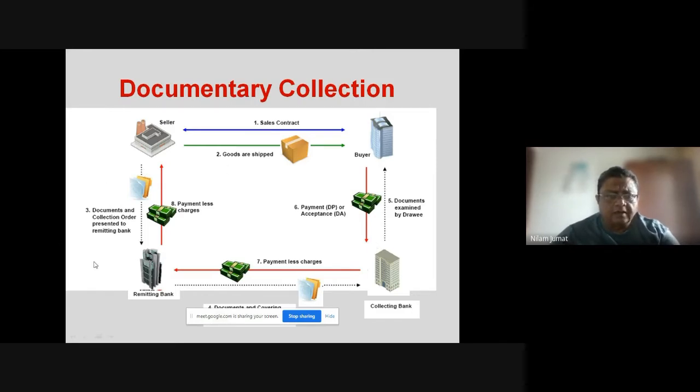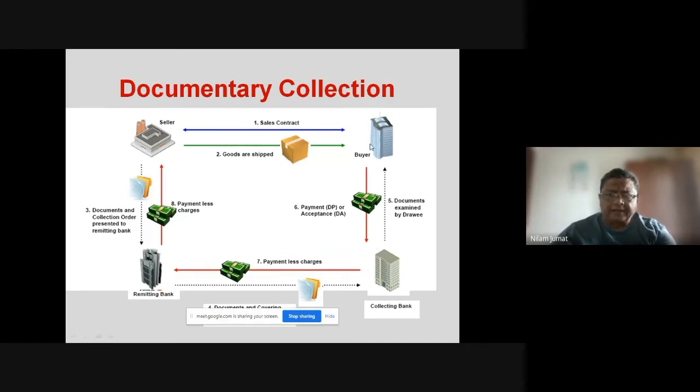Assume the invoice was $5,000. The importer's bank will say, Mr. Banda, you can come here, pay us $5,000, and you will have the BL, the invoice and the certificate of origin in your hand, so that you can go and clear the goods. Unlike open account, he can't get those three documents without paying first.